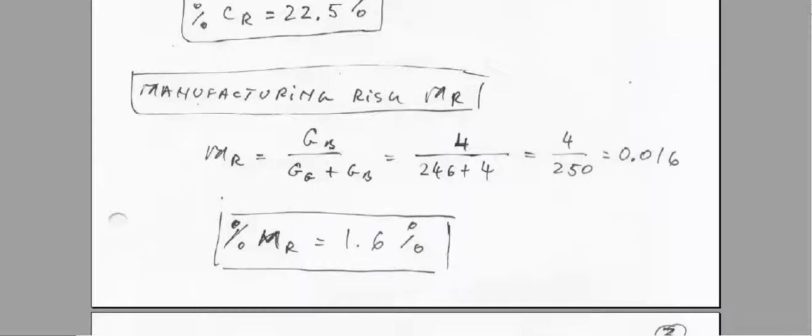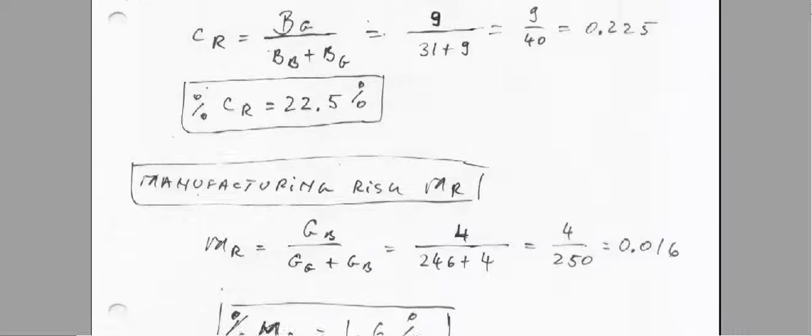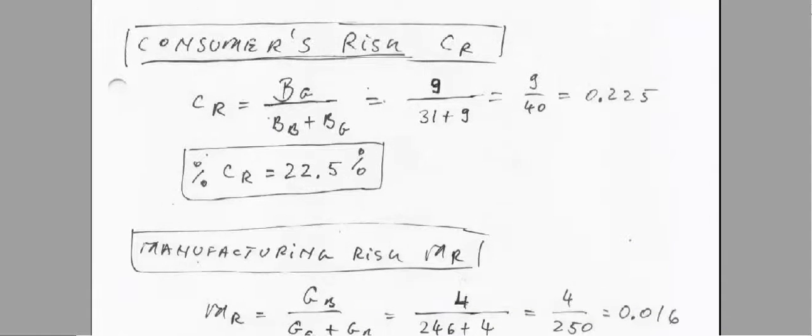In this particular case, it is 4 over 250, or 1.6%. Manufacturing risk is 1.6%. And again, we're reviewing here the consumer risk, which is 22.5%.